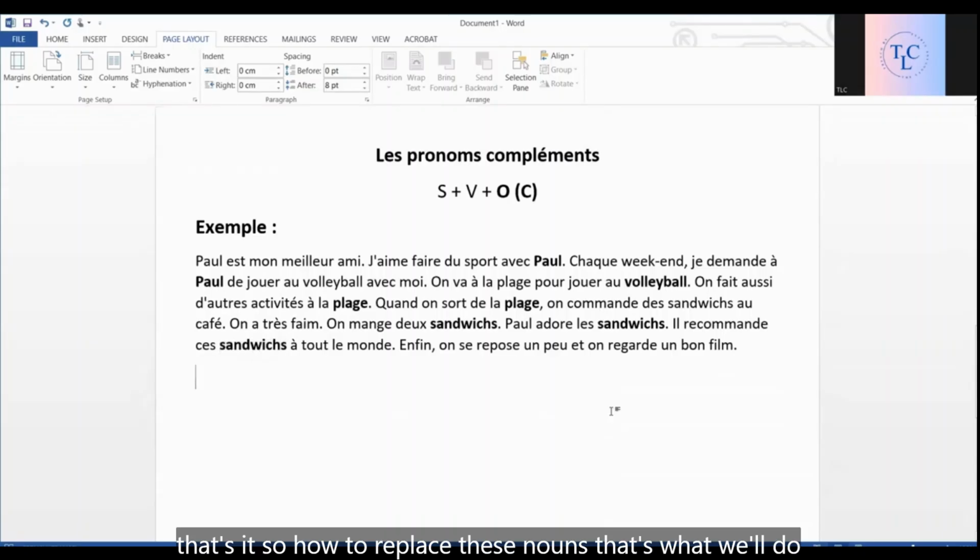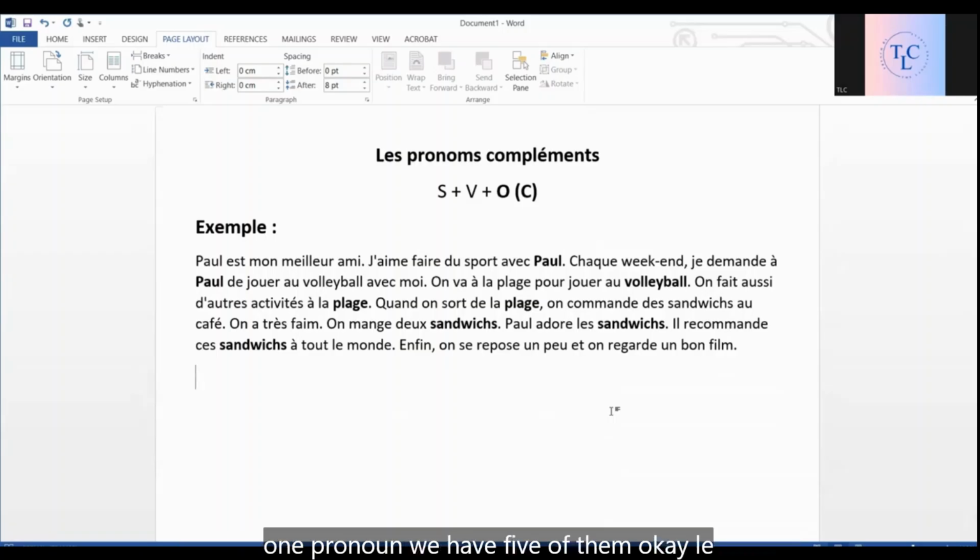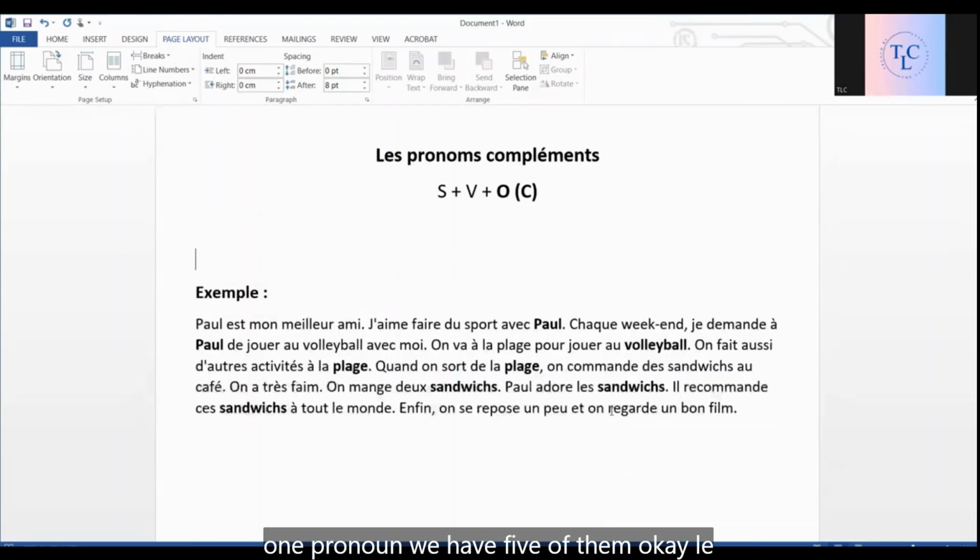So, how to replace these nouns? That's what we'll do. Okay, but before that, we'll learn which pronoun we use to replace the object part of the sentence. We don't have only one pronoun, we have five of them.